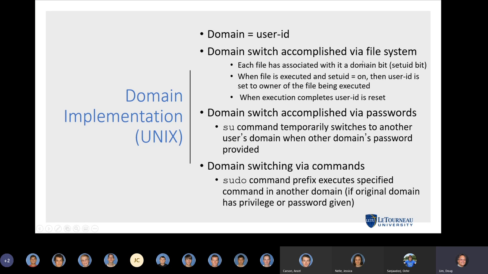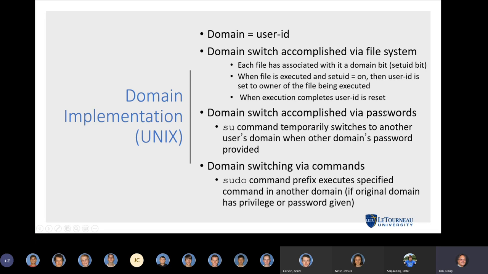Each file has associated domain bits set, and when a file is executed or being used, those bits are checked to make sure that the appropriate access permissions are available. When execution completes, the user ID is reset.